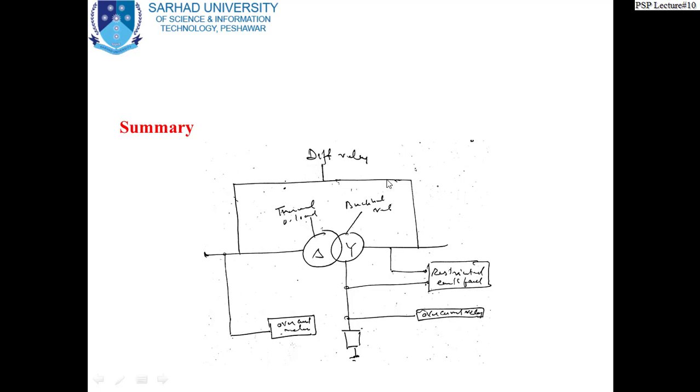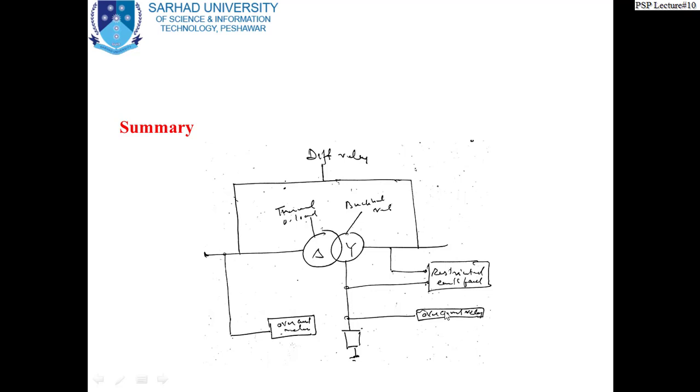So this differential protection is the main protection, right? Then we have overcurrent protection. This overcurrent protection is basically, you may say, the backup protection. If suppose the differential protection fails, then the backup protection will clear that particular fault.